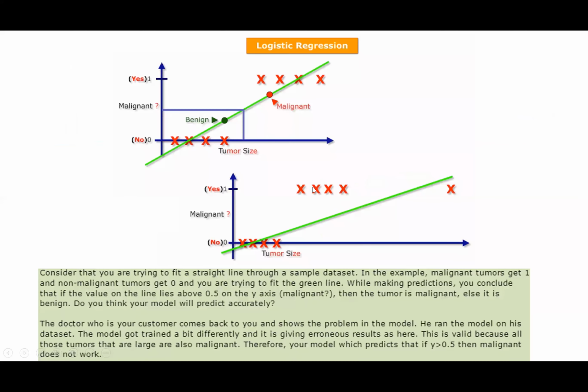Now let's revise this concept of logistic regression again with an example. This is an example of tumor size and whether the tumor is malignant or not. Malignant means whether it is lethal or deadly or not. Yes, it is deadly, and no, it is not deadly, it is normal.